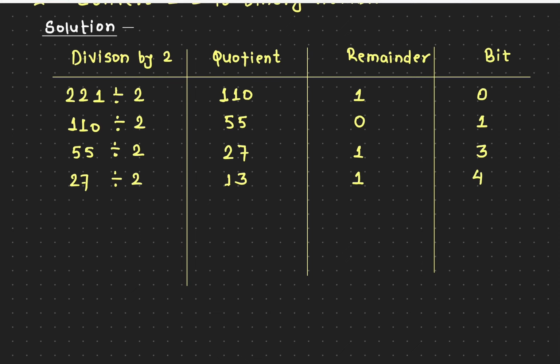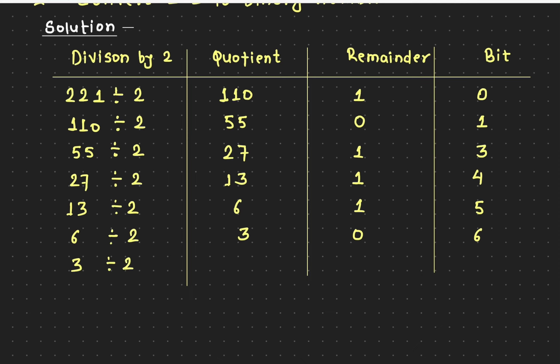And 13 divided by 2, you'll get 6, and you get remainder 1. Now 6 divided by 2, you get 3. Is there any remainder? No. Now we have to divide 3 by 2.